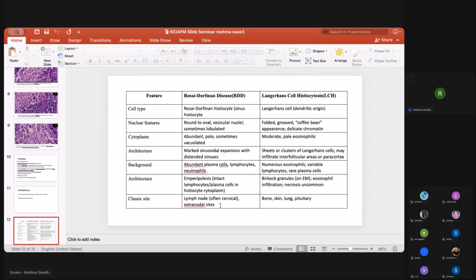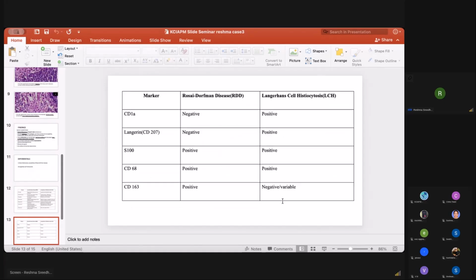The classic site of RDD is lymph node, which is often cervical, and LCH is usually seen in bone, skin, lung, and pituitary. There are different IHC markers to differentiate between RDD and LCH. CD1a and CD207 are negative in RDD, but both are positive in LCH.